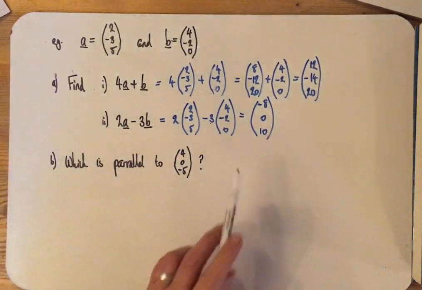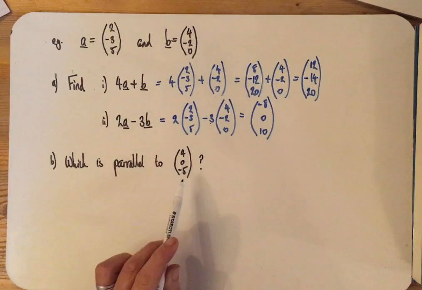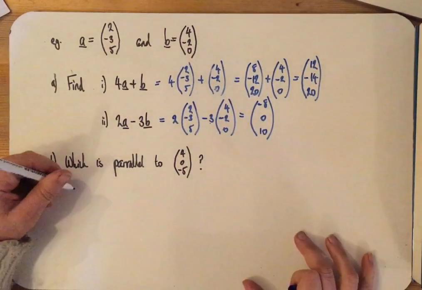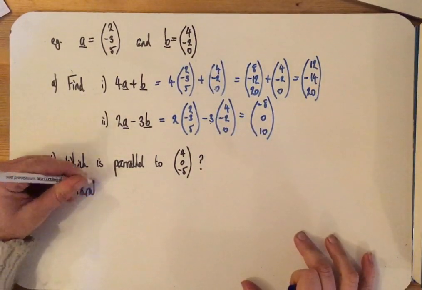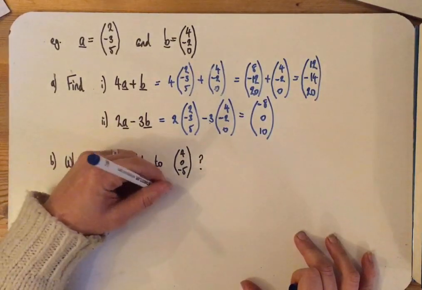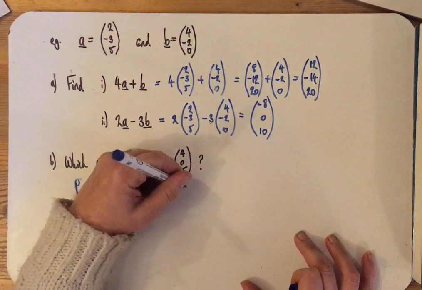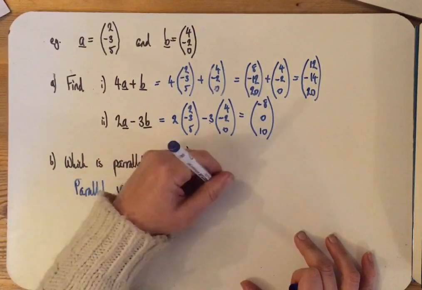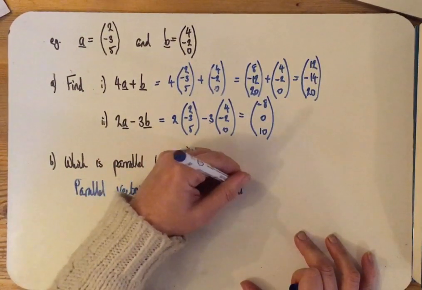And which of the above is parallel to (4, 0, -5)? So parallel vectors are scalar multiples of each other, which is why that unit vector works as well. So you should also know this.